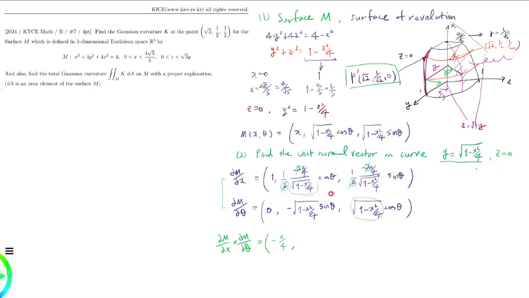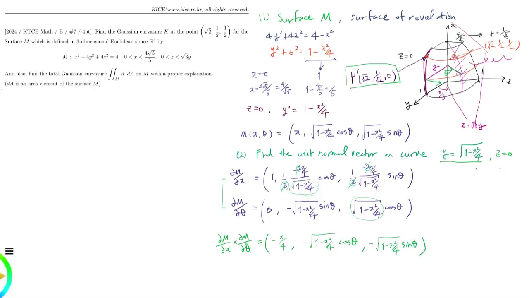For the y coordinate, we'll have minus square root of 1 minus x squared over 4 times cosine of theta, and for the z coordinate, minus square root of 1 minus x squared over 4 times sine of theta.